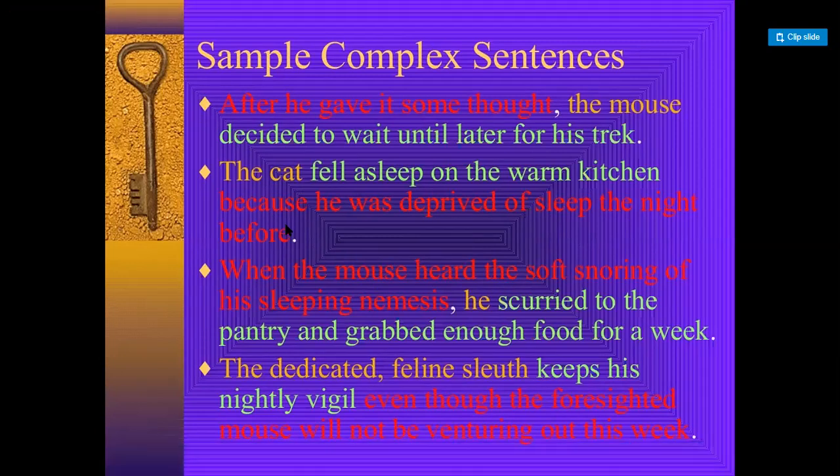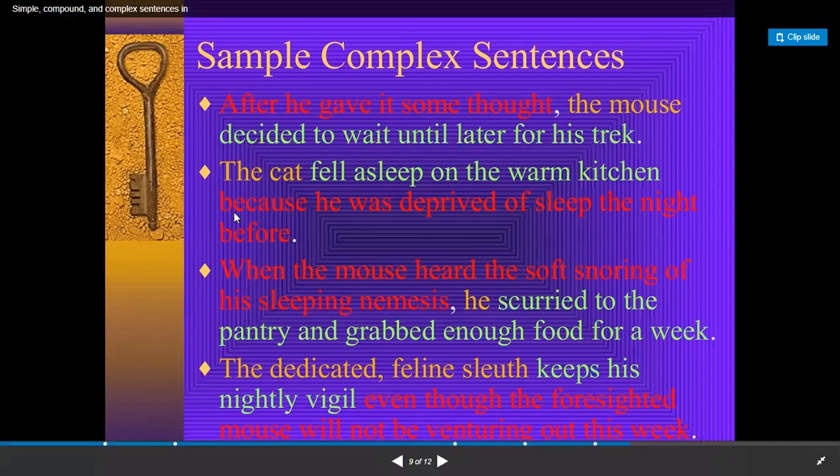Why? Because one of the clauses is dependent. Which one? The one that starts with the subordinating conjunction. What is the subordinating conjunction here? It's the word because. Because is a subordinating conjunction, so it's a complex sentence.